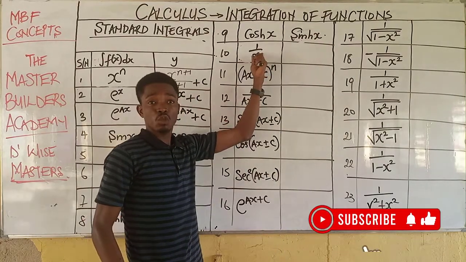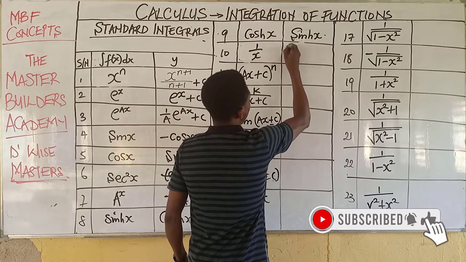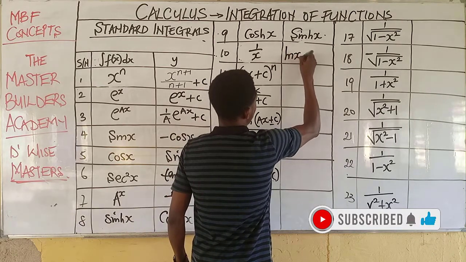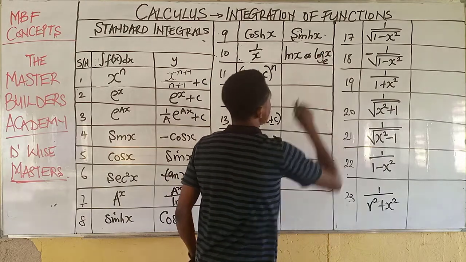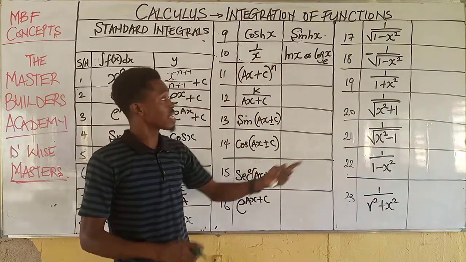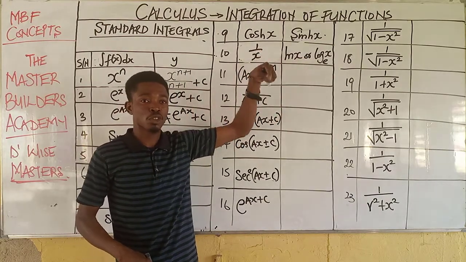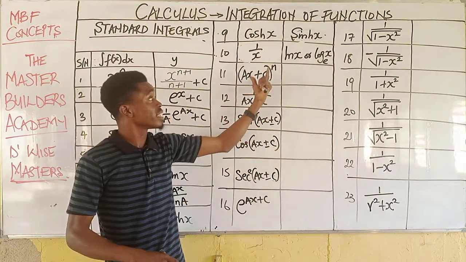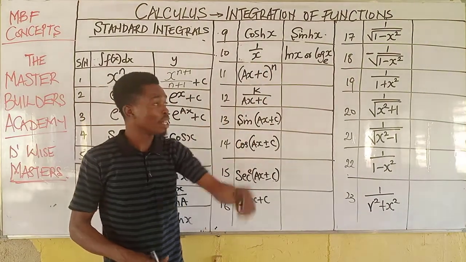Now, when you integrate 1 over x, you have ln x, or ln x base e. So anytime you integrate 1 over x with respect to x, you have this. If I integrate 1 over u with respect to u, I have ln u. If I integrate 1 over w with respect to w, I have ln w.